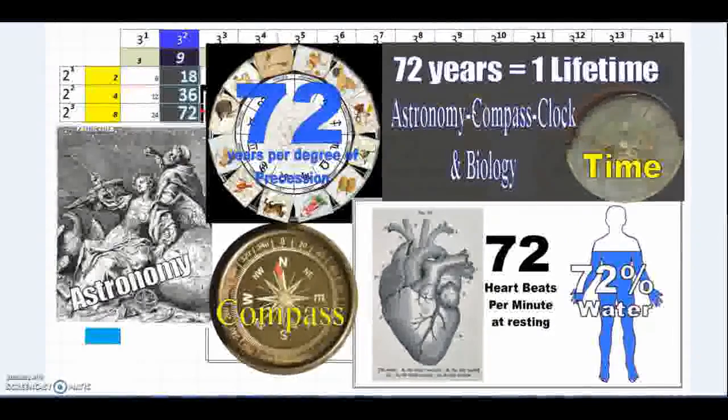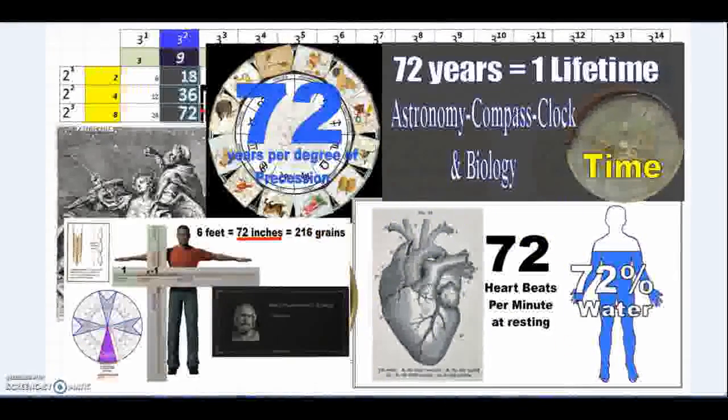So 1 lifetime is 72 years or 1 degree of precession by the compass. It's a bit arbitrary, but 1 degree is the minimum distance to measure precession, and it just happens to come together with a human lifetime and these other references to 72.